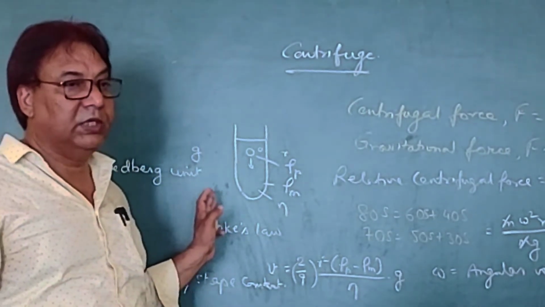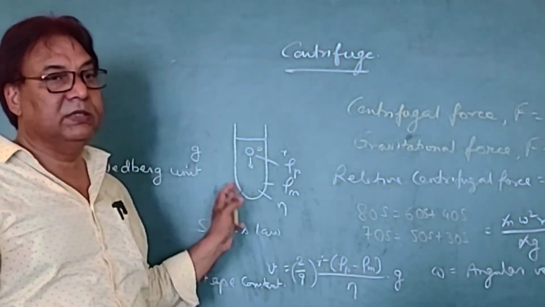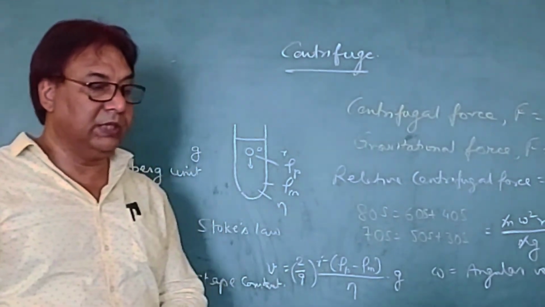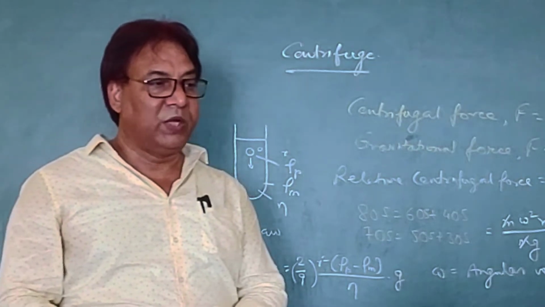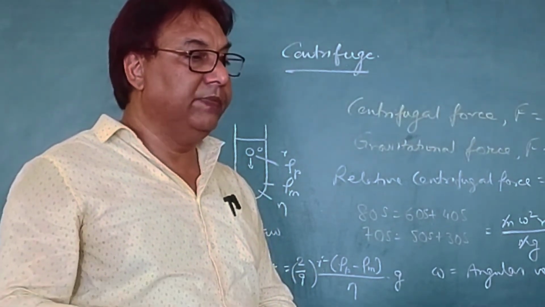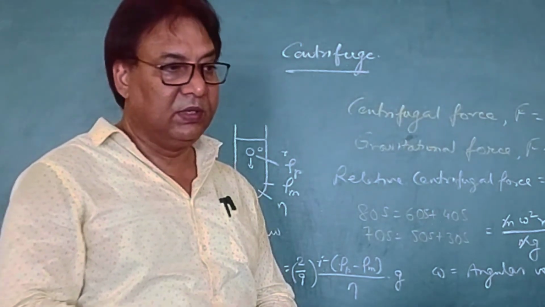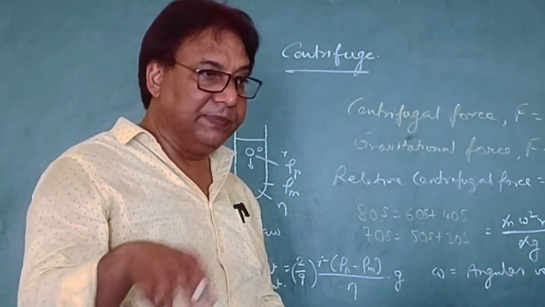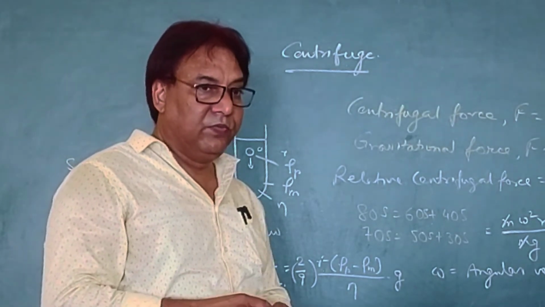He developed ultracentrifugation. The simpler one we call centrifugation, that is used for differential centrifugation or differential separation purpose. The other one is called ultra, a very high speed centrifugation technique.